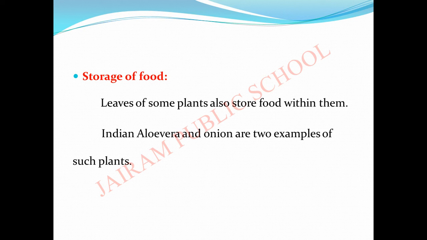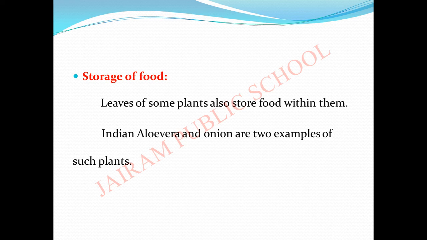Next, non-green plants. Non-green plants is a term used to describe the plants that do not have chlorophyll. Such plants cannot make their own food. They depend on other sources for food.